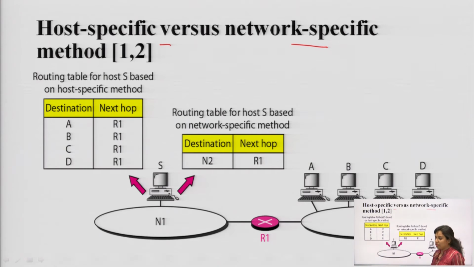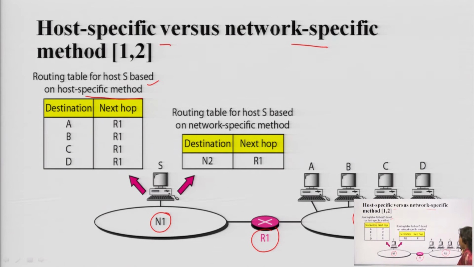In case of host specific, the major concern is on the host only, like the routing table for host S based on the host specific method. So, this is network 1, this is router 1, this is network 2, and to this there is a device connected, which has 2 different types of routing tables.